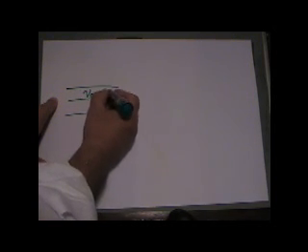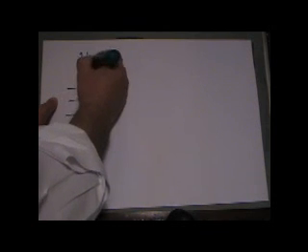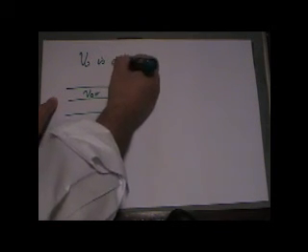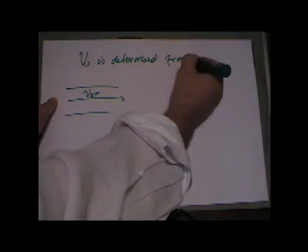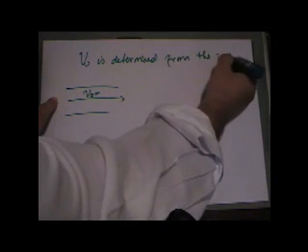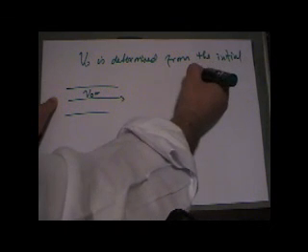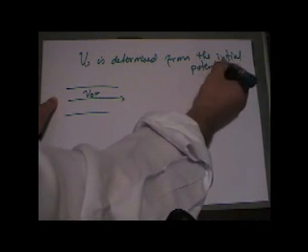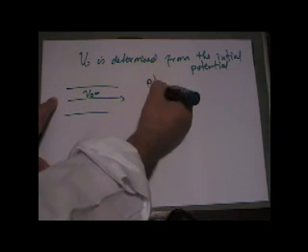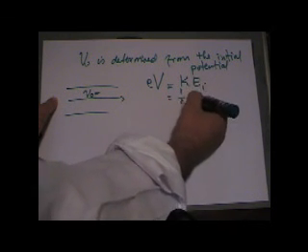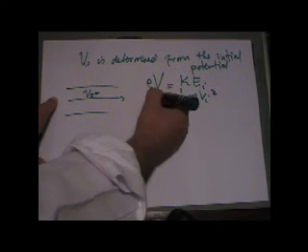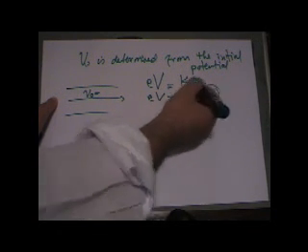The V0 here is determined from the initial potential. That's very important. What does that mean? The initial potential, which is eV, is equal to the initial kinetic energy, which is a half m v initial squared. So that's how I get my initial velocity.